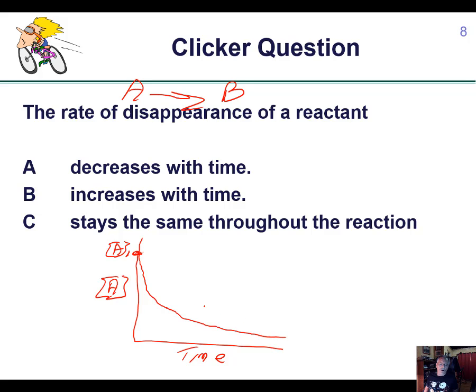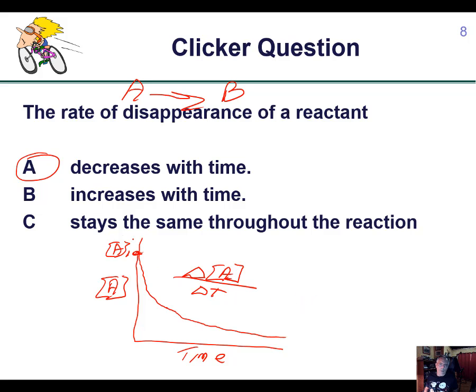So the curve of the reaction, which is the change in the concentration of our reactant with respect to the change in time, represents, as it flattens, a slower and slower change in concentration over time. And so, yes, A was the answer to that question.